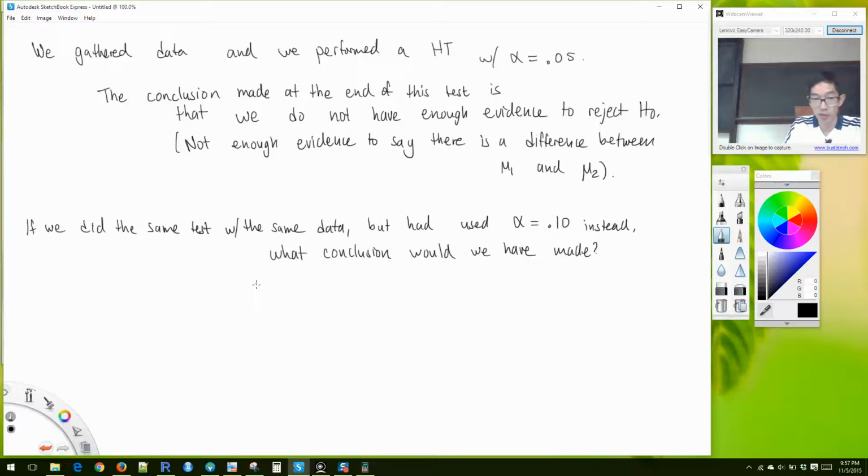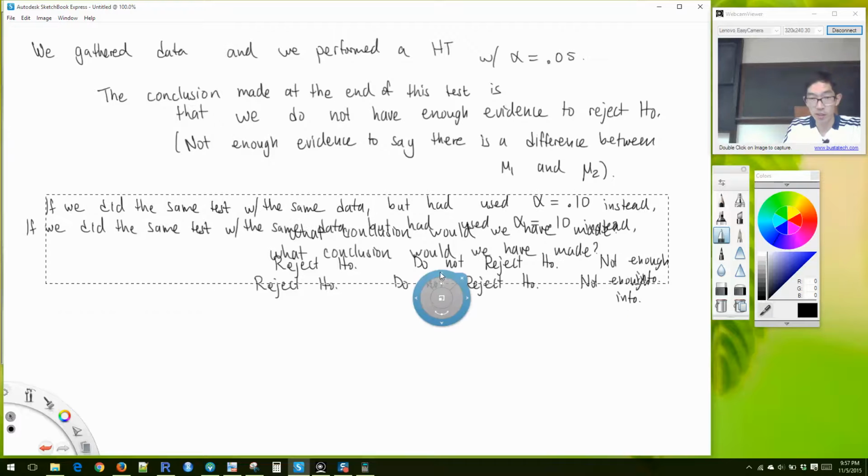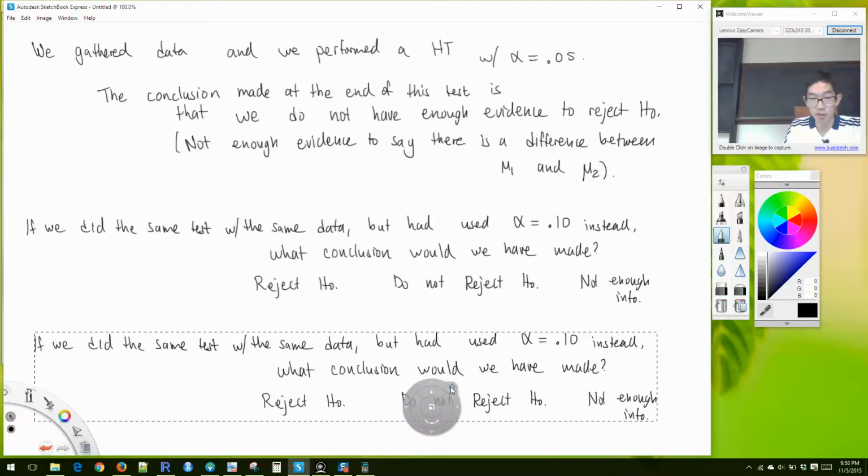Okay, and your choices are reject the null, do not reject null, or not enough info. Okay, and then I'm going to ask the exact same question, except instead of alpha equal to 0.10, I'm going to say alpha is 0.01.